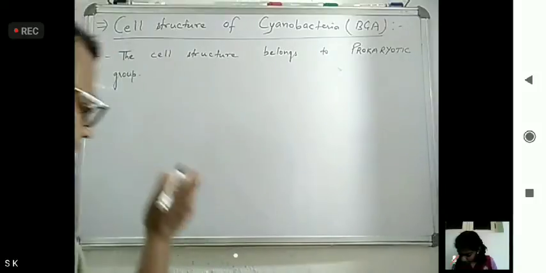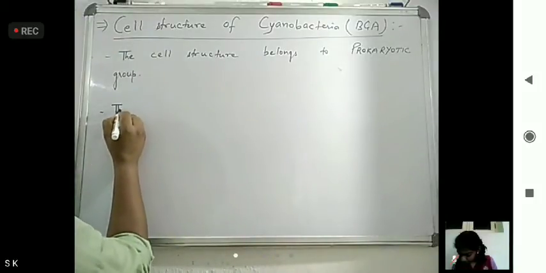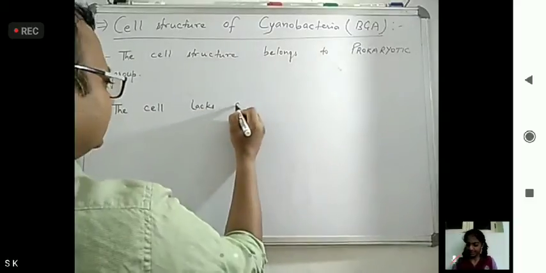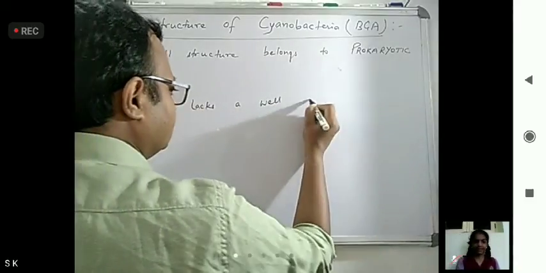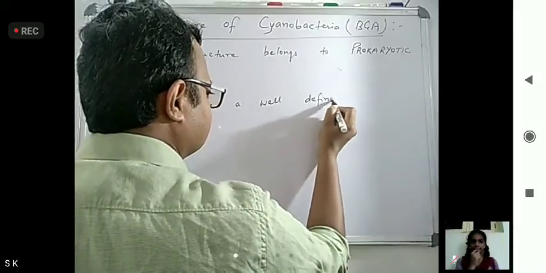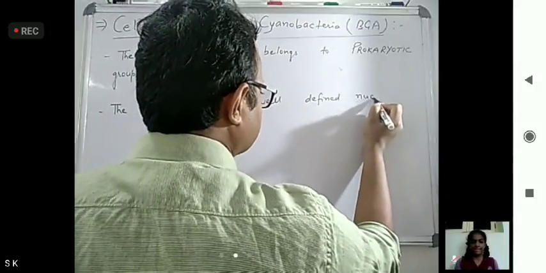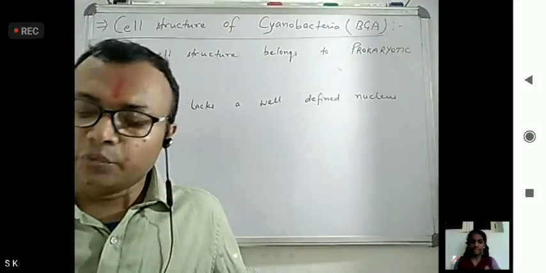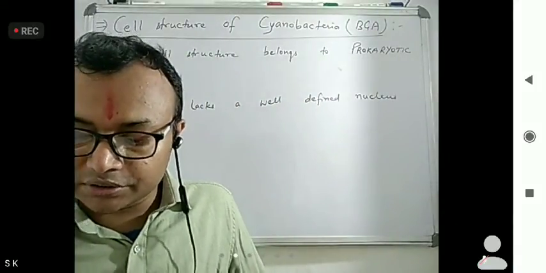So the cell lacks a well-defined nucleus. Cyanobacteria don't have a well-defined nucleus.